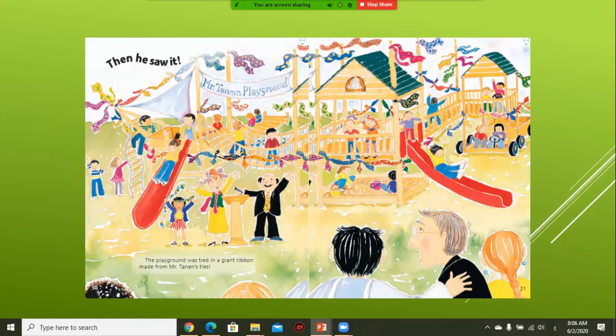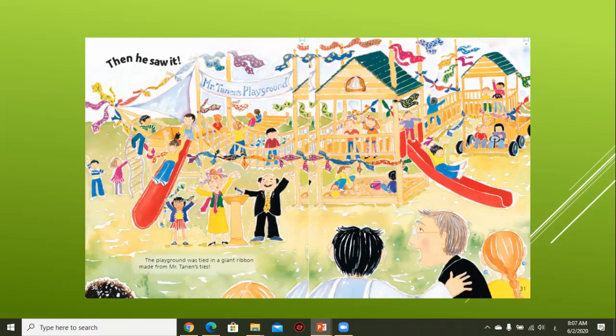Now it's our time to read the rest of the story. This is the big day for Mr. Tannen. Why? Mr. Tannen, if you remember, already sold his 1,000 ties on occasion to the city people, who helped him have money to raise his playground fund.